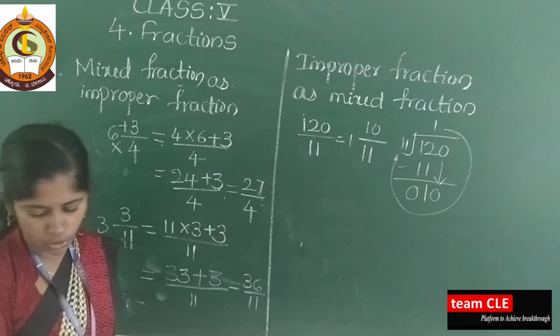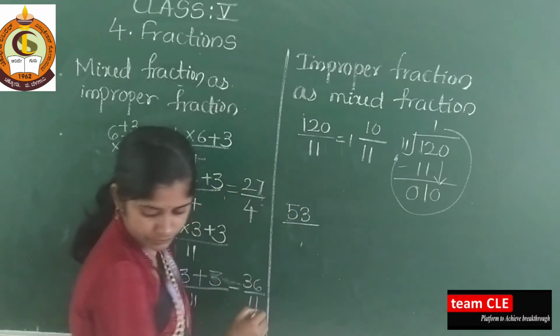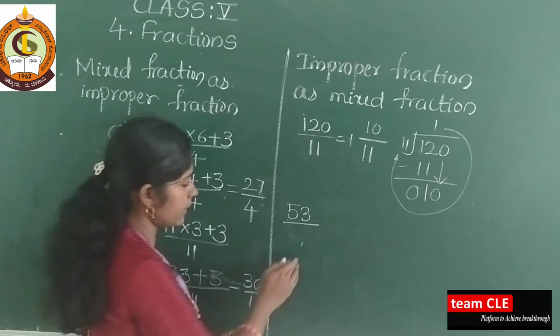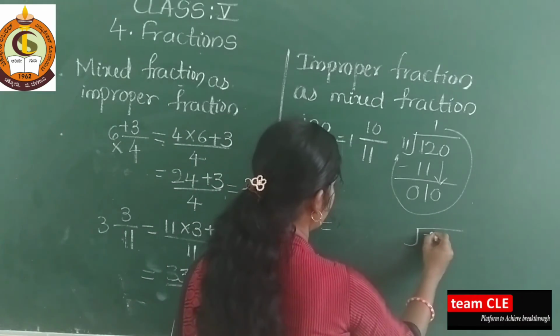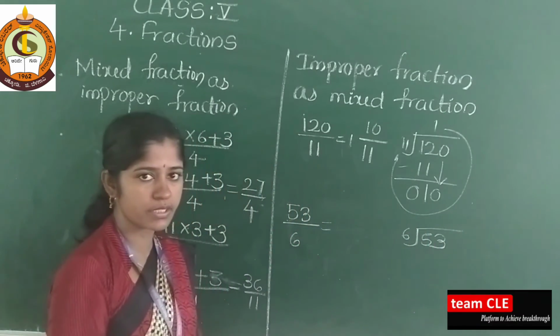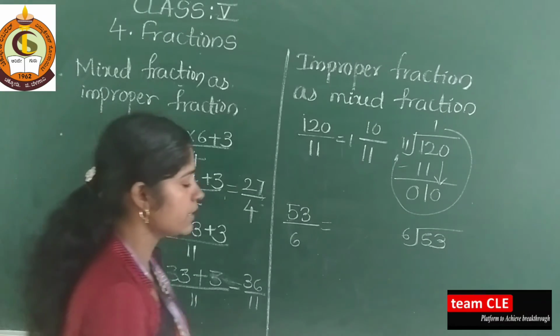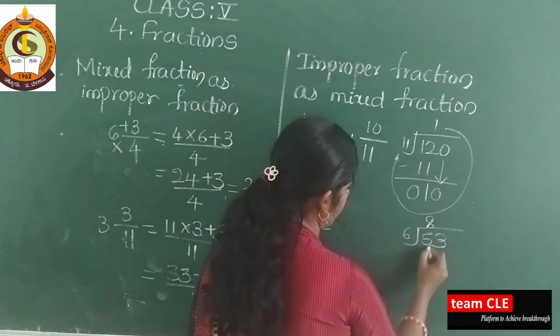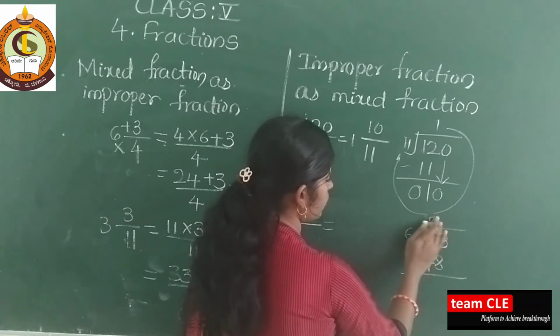Let us take one more example, that is 53 by 6. Okay, next here you write 53 and 6. 6 9s are 54, I can't take that number. Then the number less than 53 is 6 8s are 48. If you are writing the quotient here, no problem.